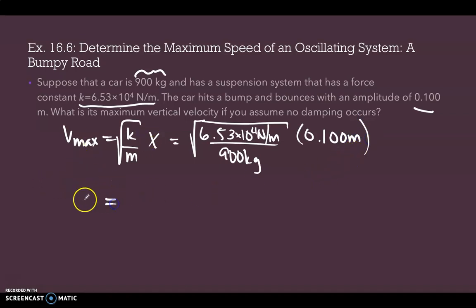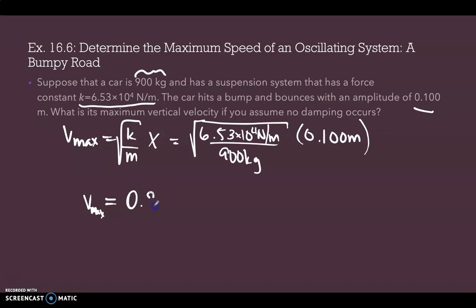Okay, so then using our calculator, making sure that we get all of this correct in here, we can calculate this. So 6.53 times 10 to the 4th, divide that by 900, take the square root of that number, multiply it by 0.1.